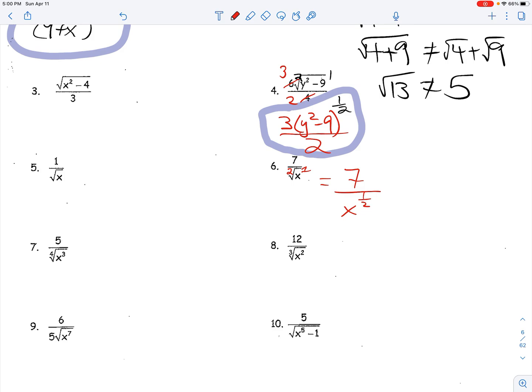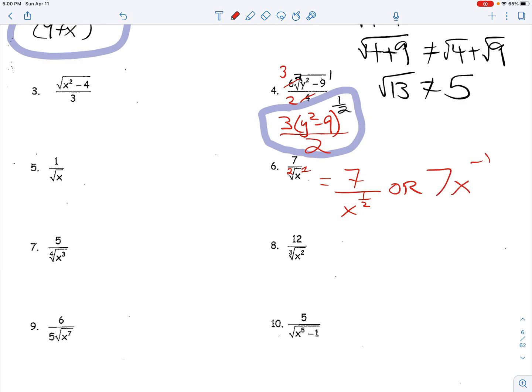So we will make that 7 over the square root of x as a fractional exponent, which is x to the 1/2. It just said put it with fractional exponents and no radicals. That's what we did. You can leave it like that if you want.